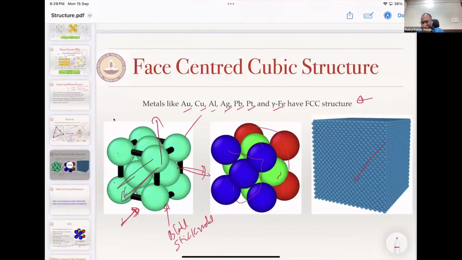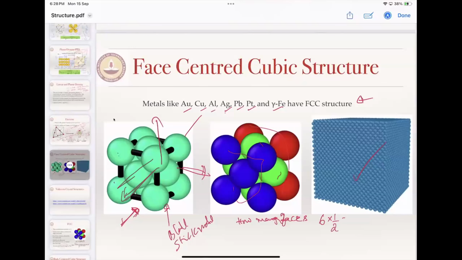How many faces are there? 6 faces. Each face has a face-centered atom that is shared by how many unit cells? 2. So that itself gives 3.